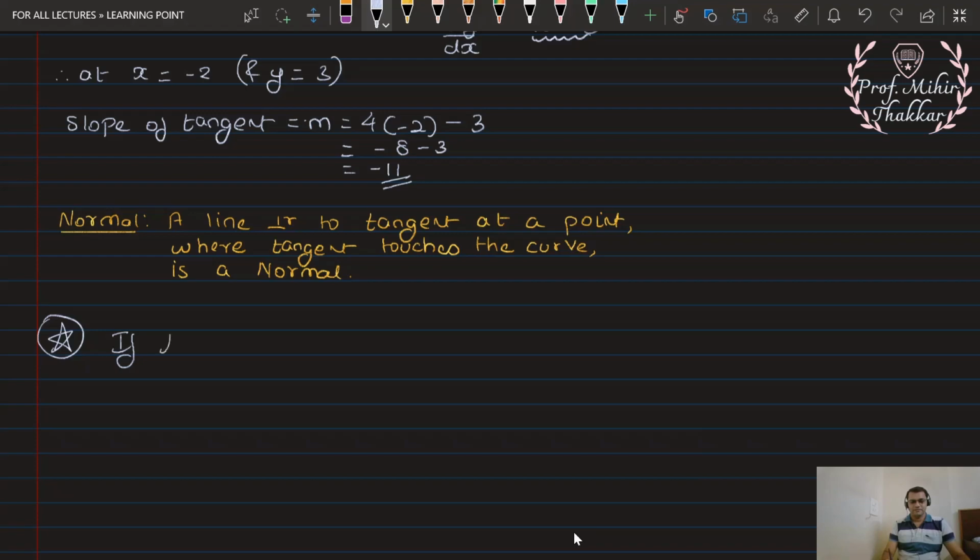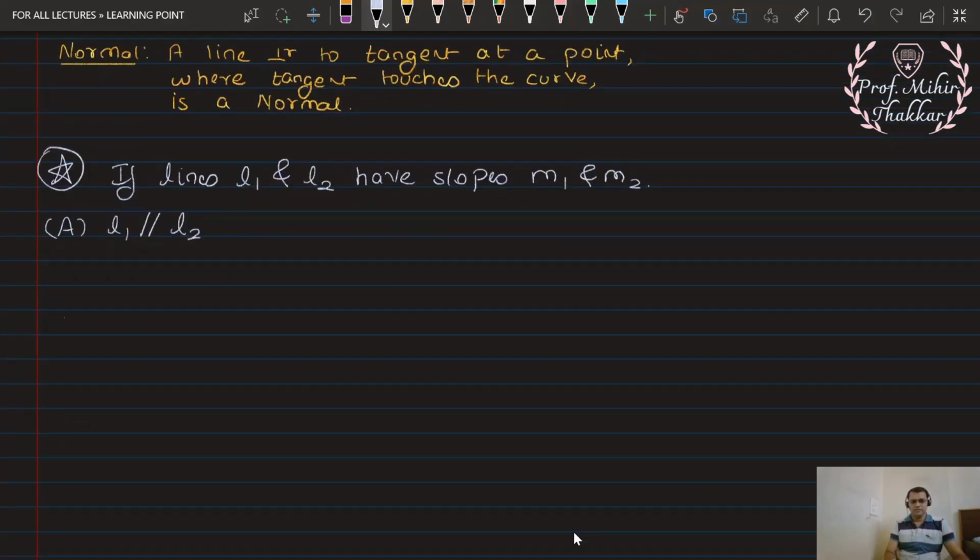if lines L1 and L2 have slopes m1 and m2, there are two cases: case A, L1 parallel to L2, and case B, L1 perpendicular to L2.